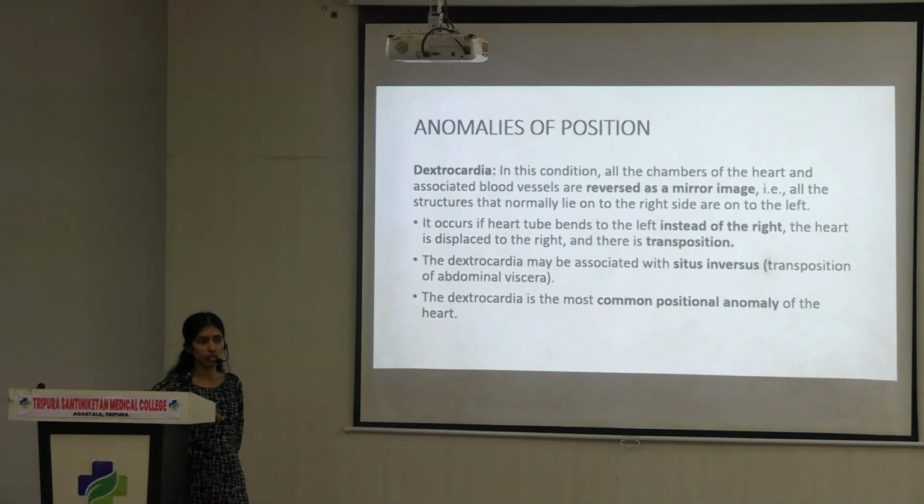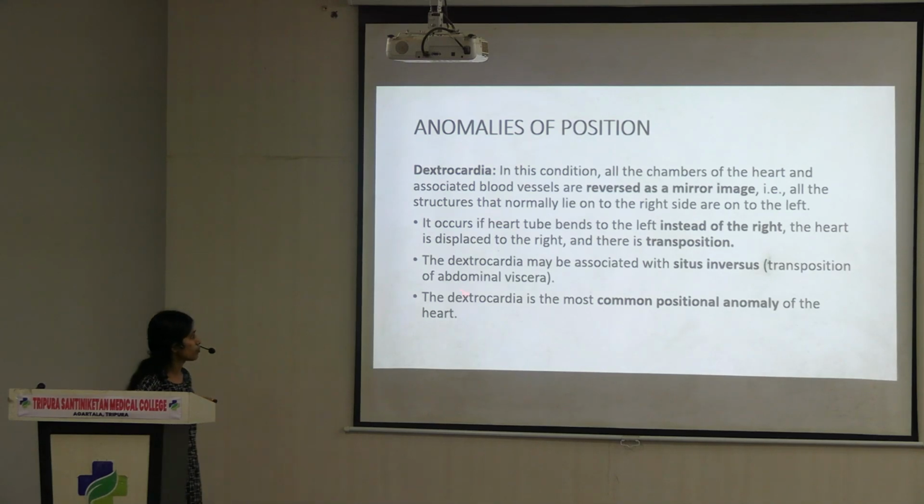If instead of bending towards the right side the heart tube bends towards the left side, we can see this condition called dextrocardia. As a result, your heart will also be present on the opposite side. Instead of the left side, we can see your heart on the right side. That particular condition is called transposition of the heart.